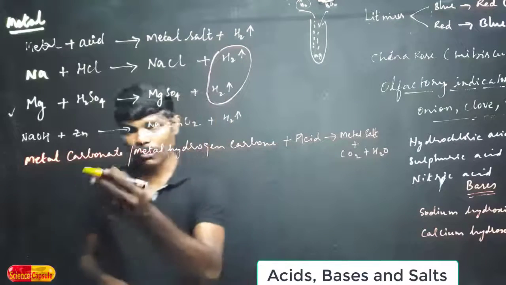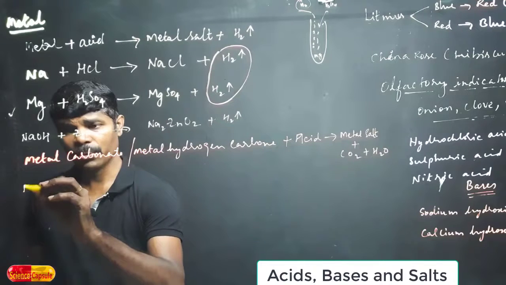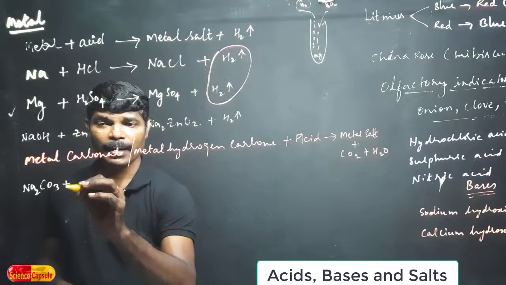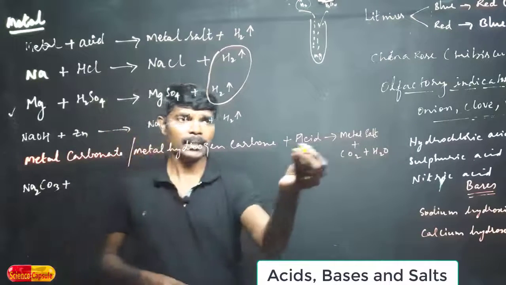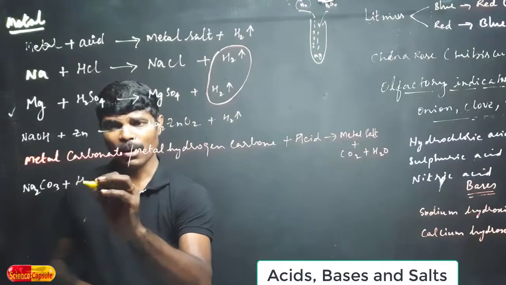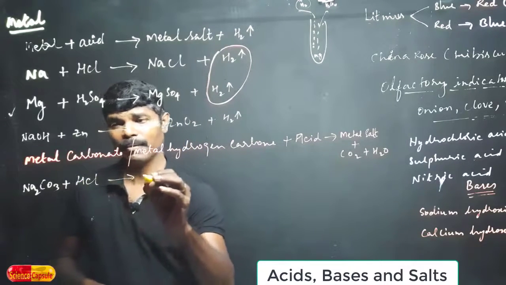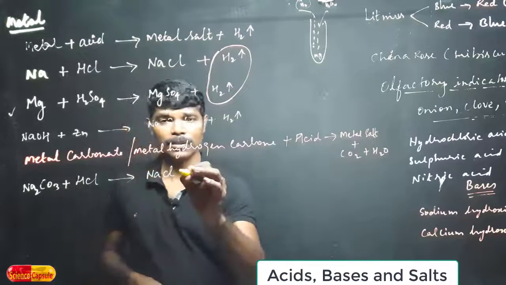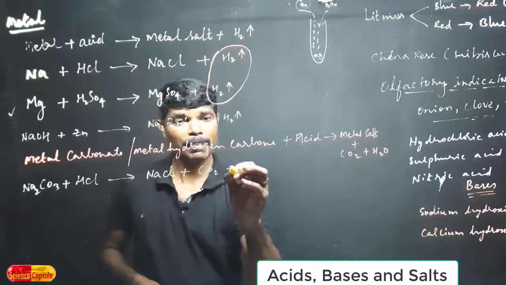Let us take an example of a metal carbonate. We know that sodium carbonate, Na2CO3, is a metal carbonate. When it reacts with an acid, here we take the example of hydrochloric acid, we get sodium chloride, the corresponding metal salt, plus carbon dioxide plus water.